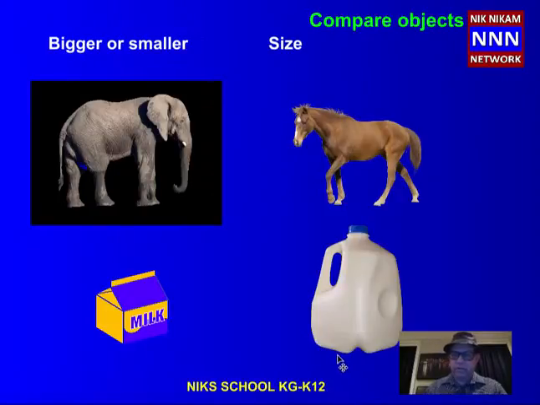This is much longer and is much wider, whereas the carton is smaller in length and smaller in its width, and it is smaller in its height also, or shorter in its height. So the carton is smaller than a gallon of milk plastic container. Okay, that's very good. So let's go to the next slide here.